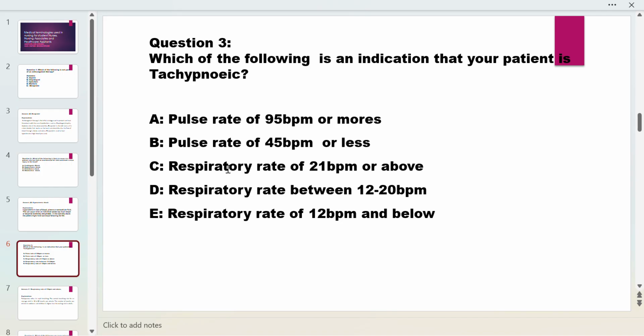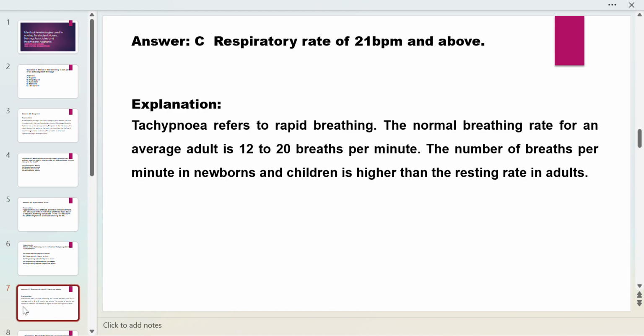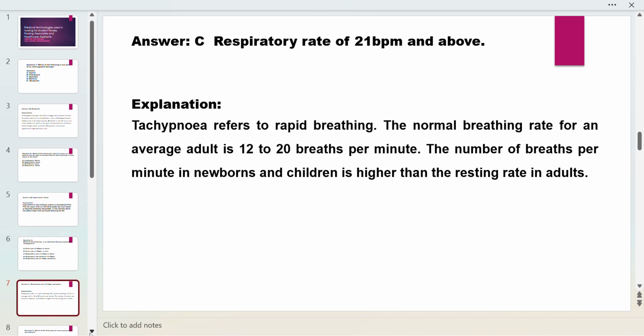So the C is the correct answer. And that is the explanation we've mentioned already. Right, let's get to the next question.